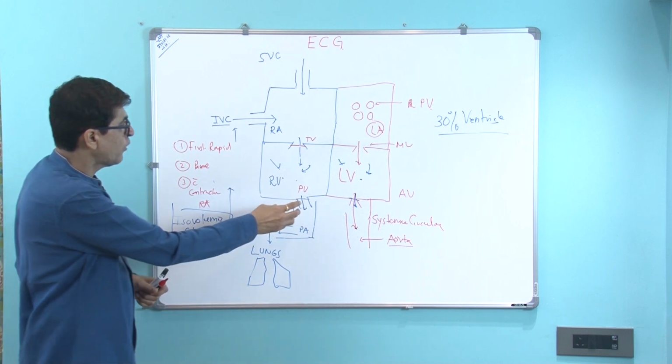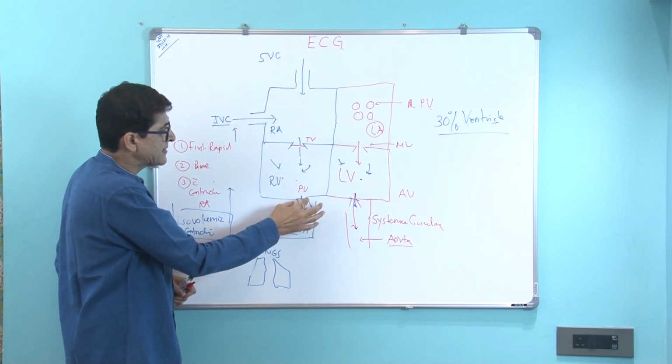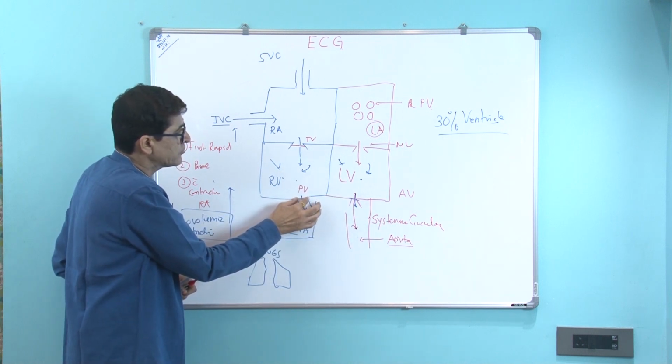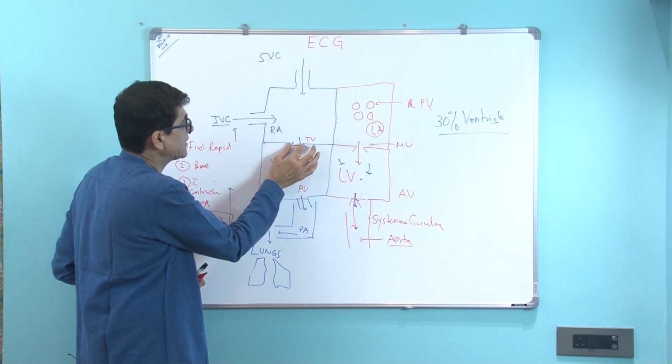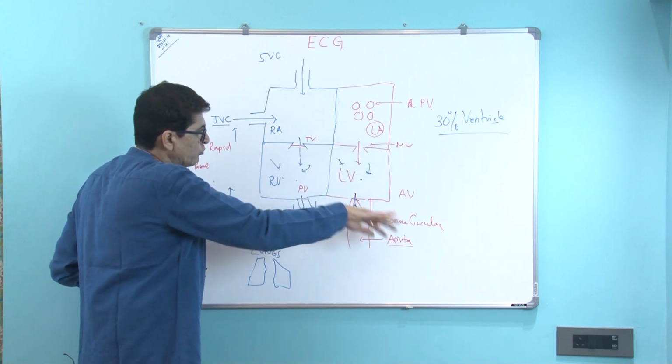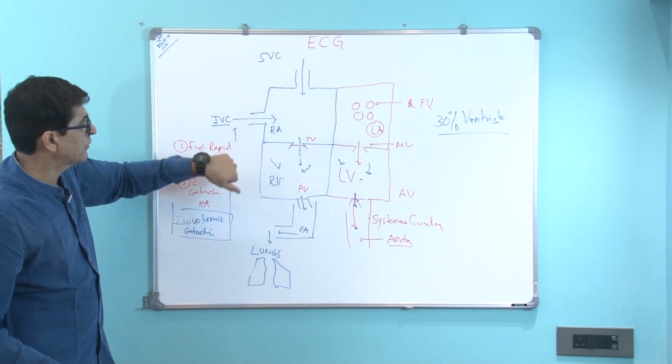Now the situation is what? Systole has occurred, blood has been ejected, the pulmonary valve is closed, the aortic valve is closed, the tricuspid is not open and the mitral is not open, because they have to eject the blood into the respective circulation.